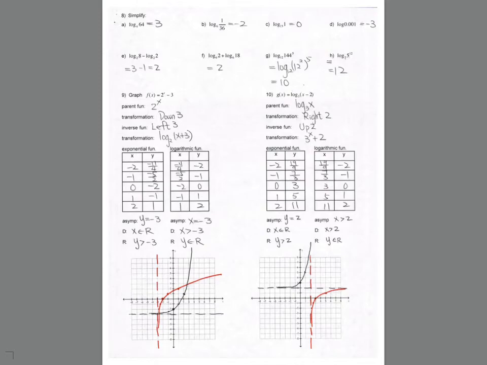If you are moving up in the original function, it's moving right for the inverse. If you're moving left for the original, it's going to move down for the inverse. If you're moving down for the original, it's going to move left for the inverse.